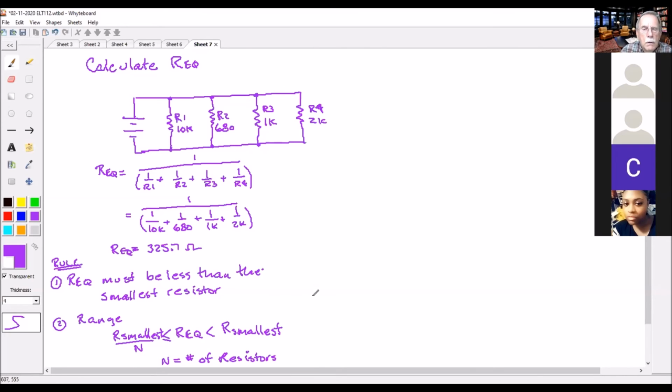So for this example, REQ has to be less than 680, and it has to be greater than or equal to 680 over 4, because we had 4 resistors. So it's greater than or equal to 680 over 4, and less than 680.